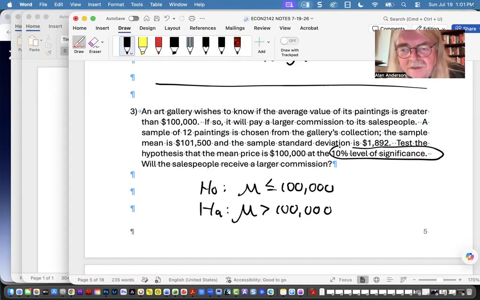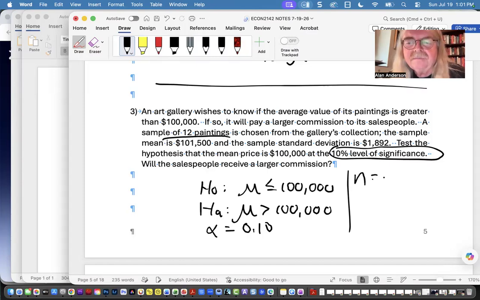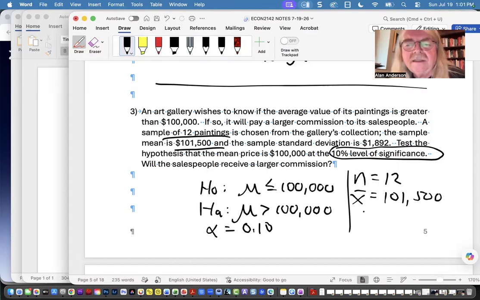Now we've got an alpha of 0.10. We don't see that very often. A sample of 12 paintings is taken. Sample mean 101,500, what am I saying? And then s, the sample standard deviation, is 1892. And again, we're going to use the t distribution.